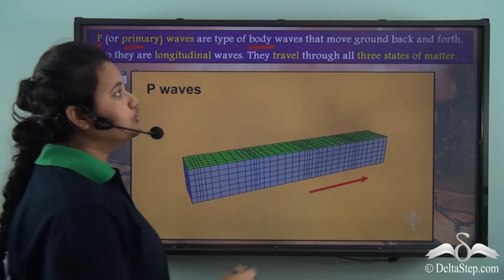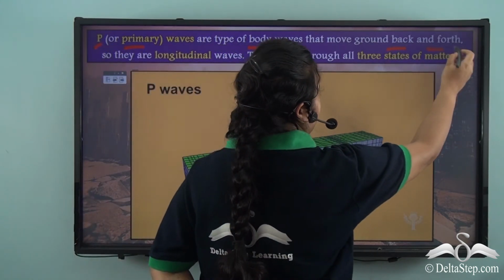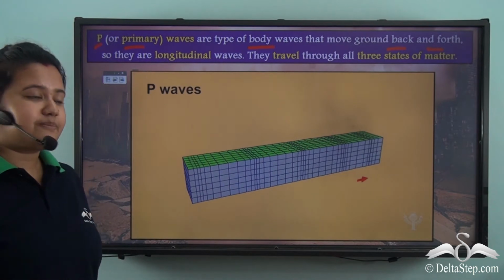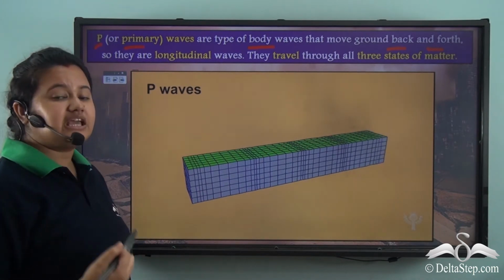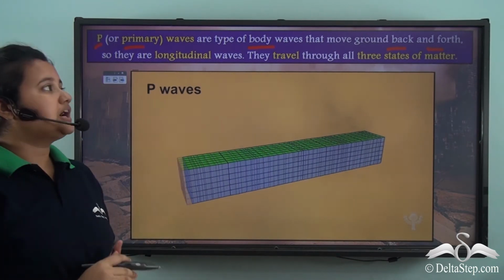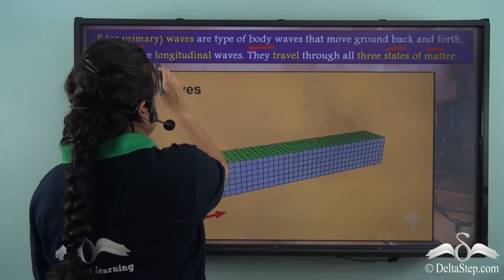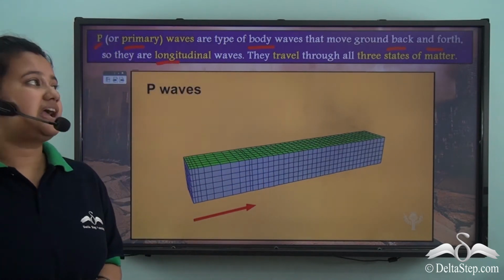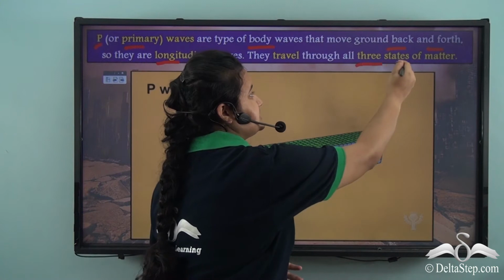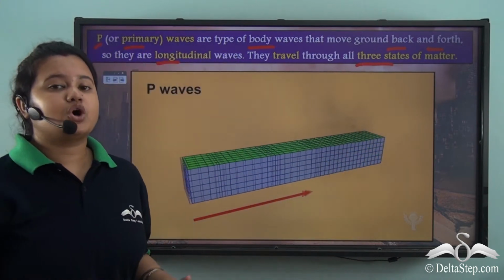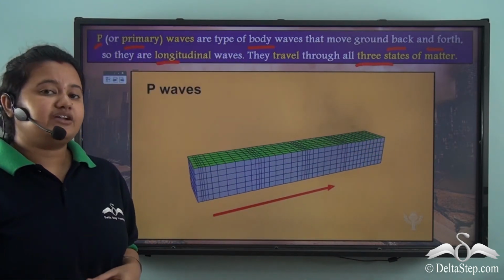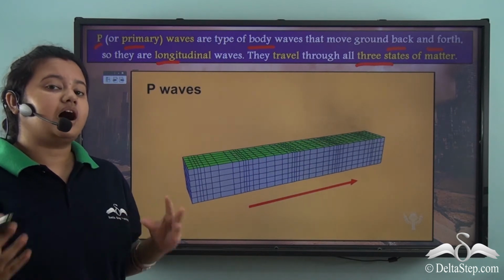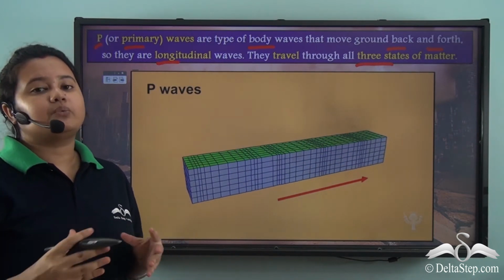These waves move back and forth, and they cause the ground to expand or compress, as you can see in the video. P waves are also called longitudinal waves, and these waves can travel through all the three states of matter, that is solid, liquid and gases, and therefore these waves can travel through hard crust and semi-liquid mantle.